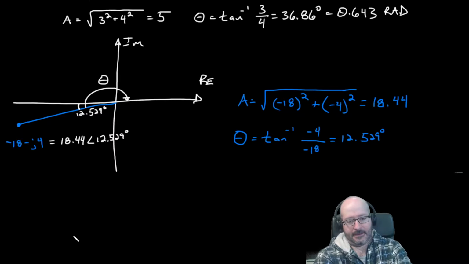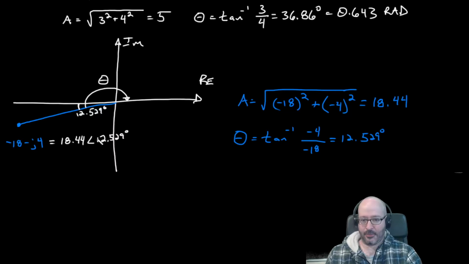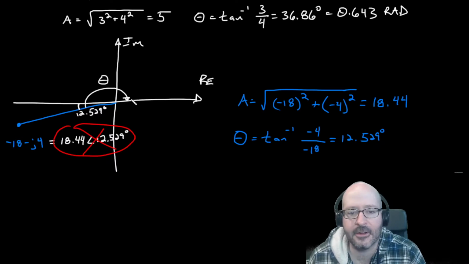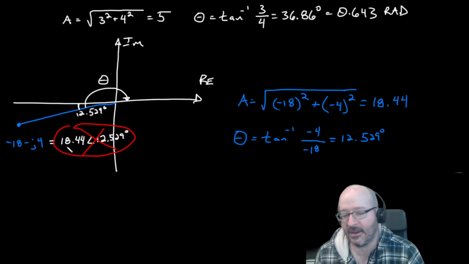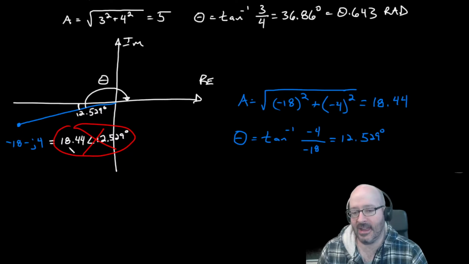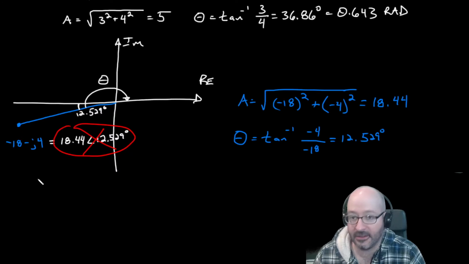And we got to be a little careful because we would end up with a representation that's not true. Okay, so this is not true. We would mark that wrong. We have another 180 degrees, right? So I really have to take that, and because it's in the third quadrant, I have to add 180 degrees.